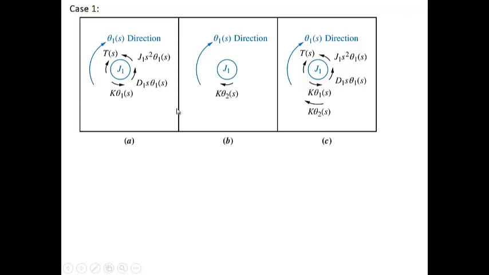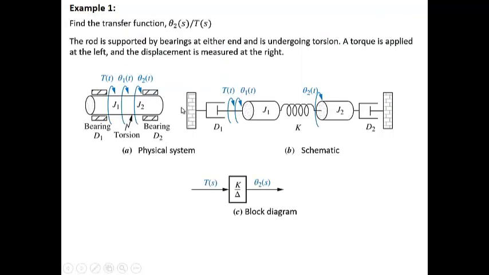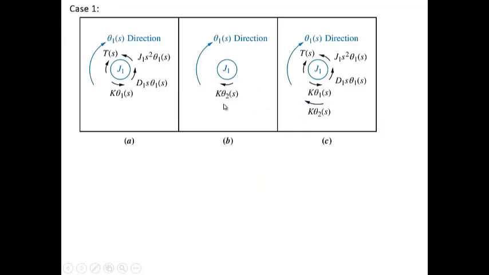And then for your theta 2, considering case 1, where J1 is moved but J2 is fixed, you will get your J2 K theta 2 here, which is fixed. We have the theta 1 direction from here. So by summing up, you will get the summation of your system.